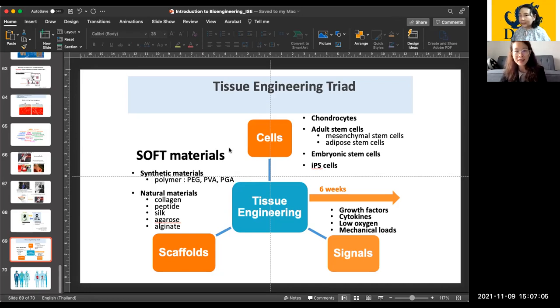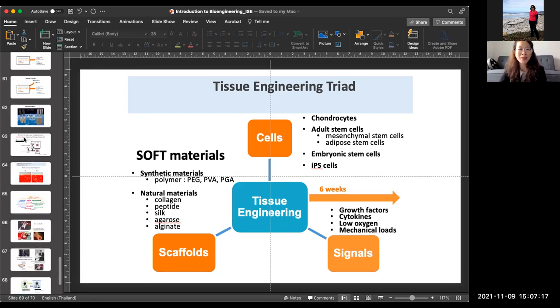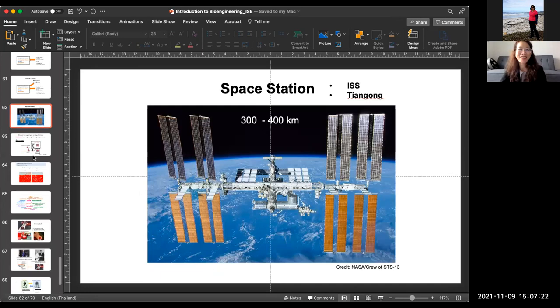Can you explain again why we have to do the cartilage tissue experiment in space? Yep. Back then, originally there were the Soviets and America, right? They wanted to be the pioneer of space.